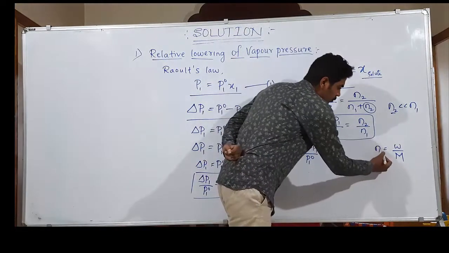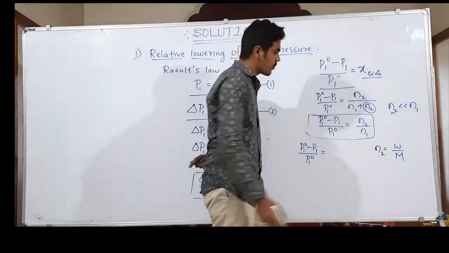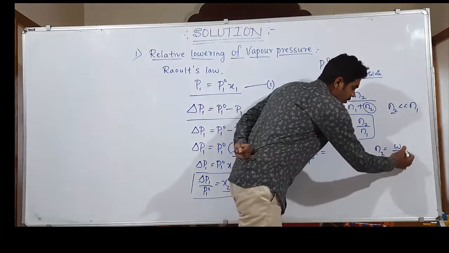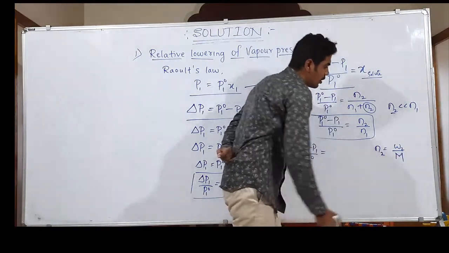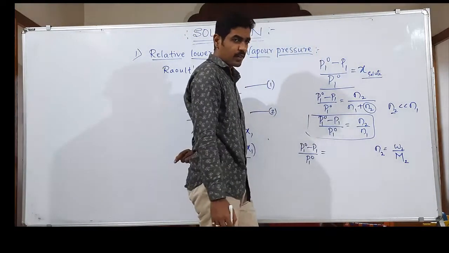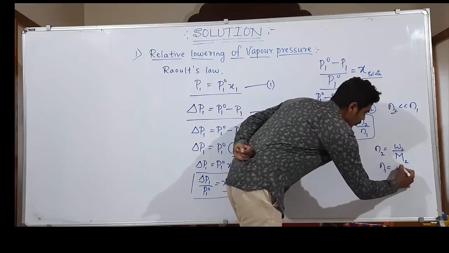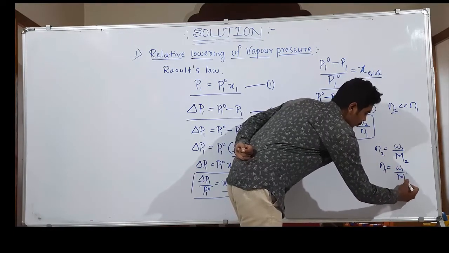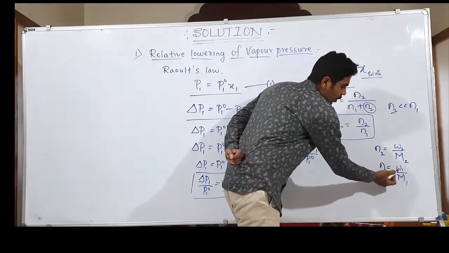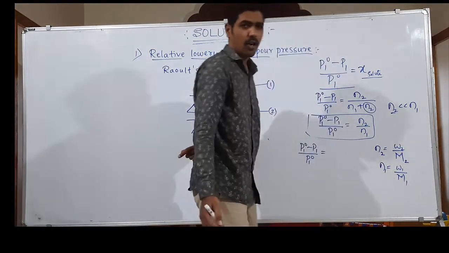So N2 is equal to the given mass of solute divided by the molar mass of solute. And N1 can be determined by W1 divided by M1, the given mass of solvent divided by the molar mass of solvent.